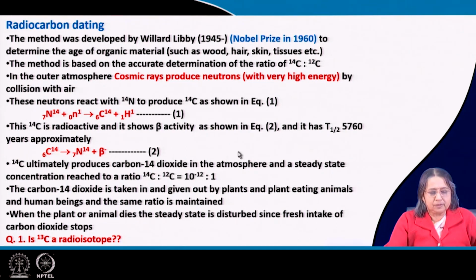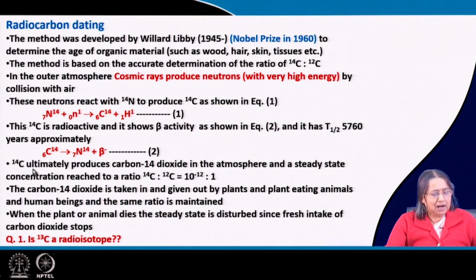You can see here that with beta emission, 6 to 7, it has gone one position right in the periodic table, which I explained in previous lectures. And here you can see 14 plus 1, so here also 14 plus 1, 7, 0, so 6 plus 1. So, it is matching.